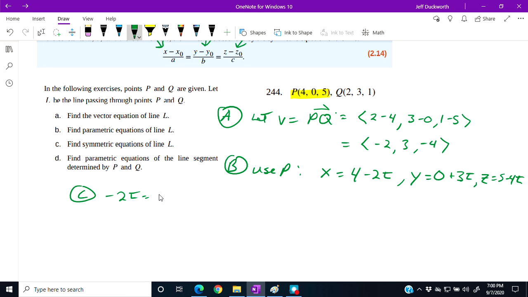We'll subtract 4 from each side. We'll try to keep it in the same form that they've got it here. That means t is equal to x minus 4 over negative 2.